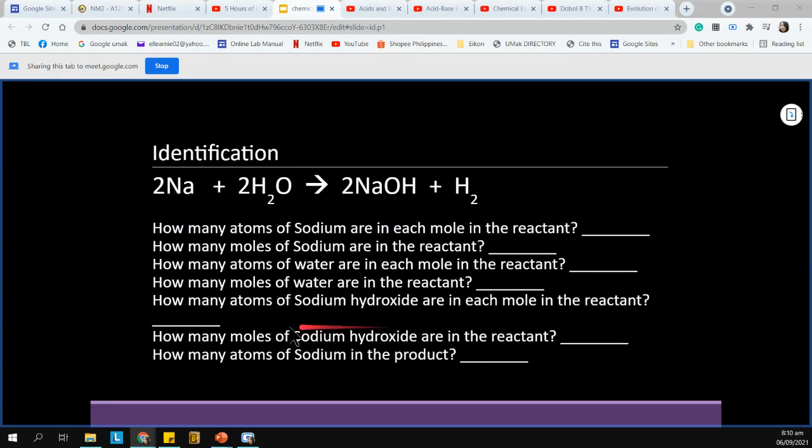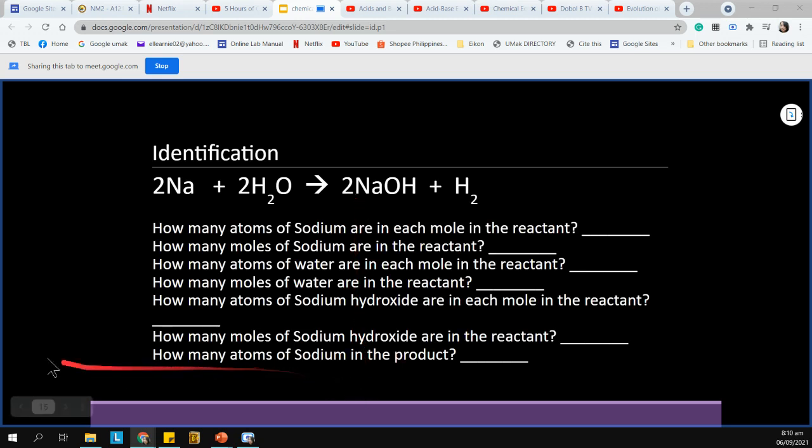How many atoms of sodium hydroxide are in each mole in the reactant? 2 po. Ay, 1 po pala. 1. Okay, how many atoms in each mole? Pero pag hiningi na natin, next is Nasol. How many moles of sodium hydroxide are in the reactant? 2 po. Yan, okay, so you're going to consider this.